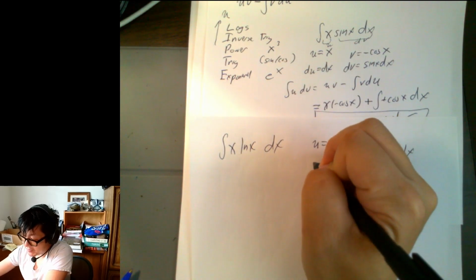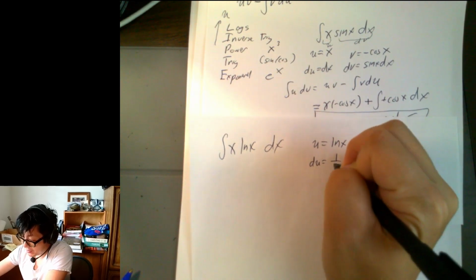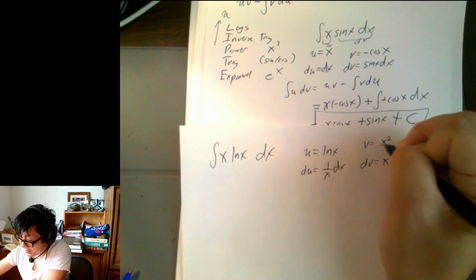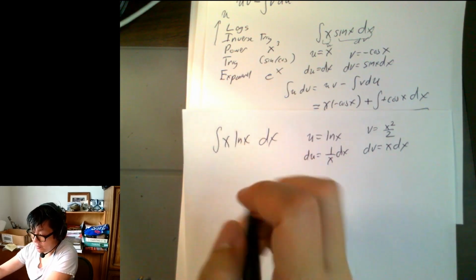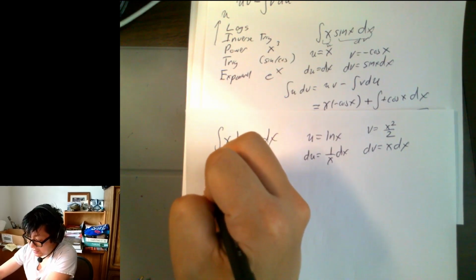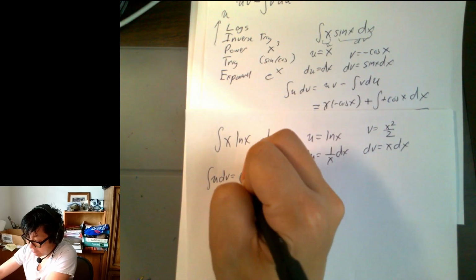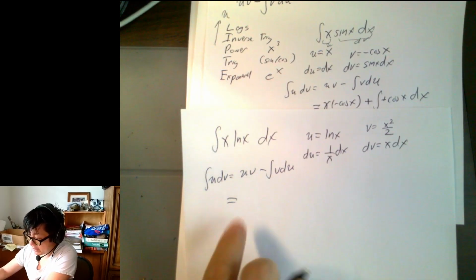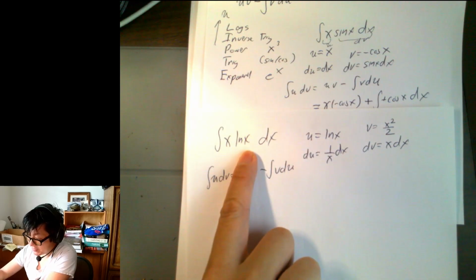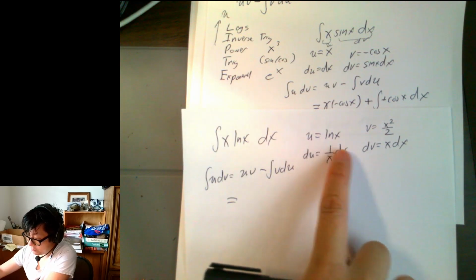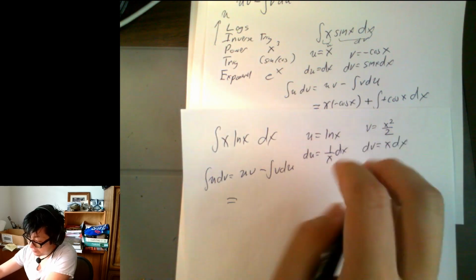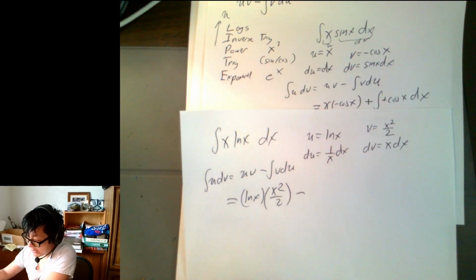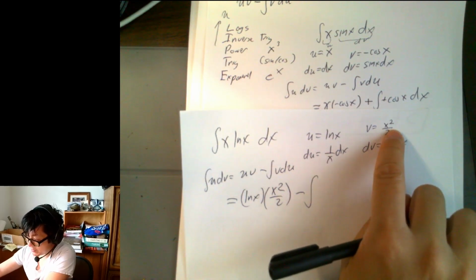Taking the derivative of this, and the integral of this, I now apply my integration by parts formula. And so the integral of x ln x dx will be u times v minus v times du.